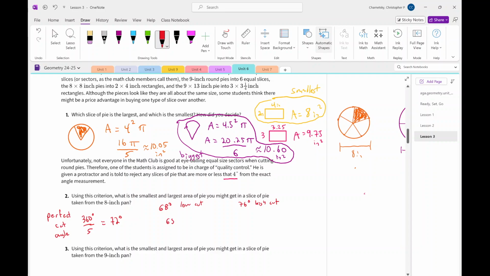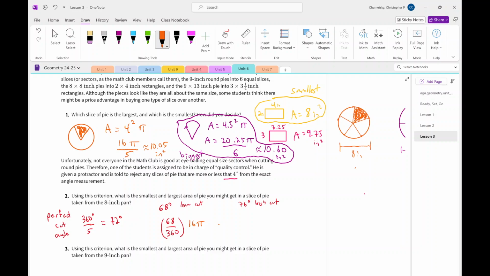What would that fraction of our area be? Well, to do that, we multiply that fraction times the area of the entire pie, which we already know for the 8-inch is 16 pi. So if I take 68 divided by 360, that is going to give me my low cut area.